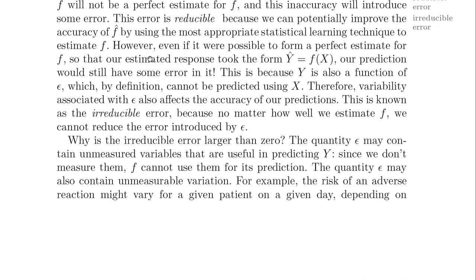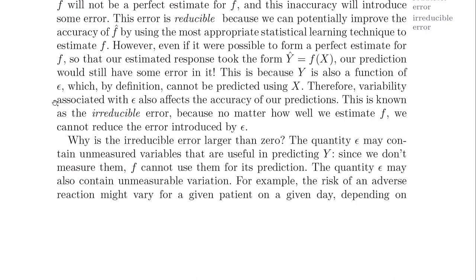However, even if it were possible to form a perfect estimate for f, so that our estimated response took the form y hat is equal to f of x, so see, we've dropped the hat, our prediction would still have some error in it.